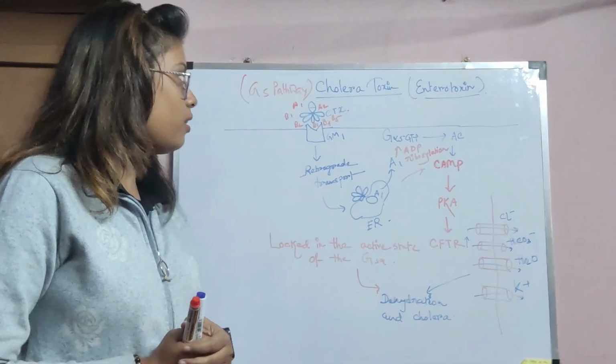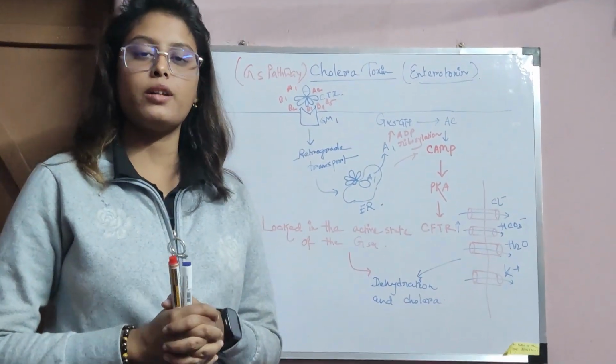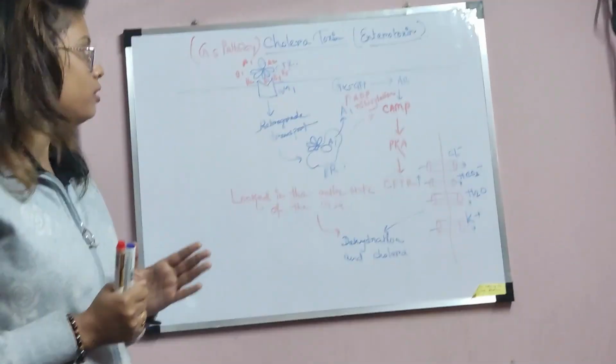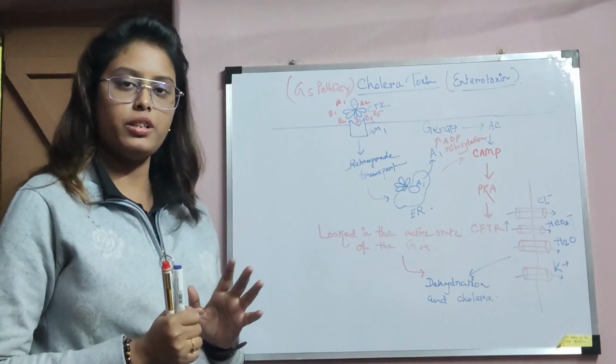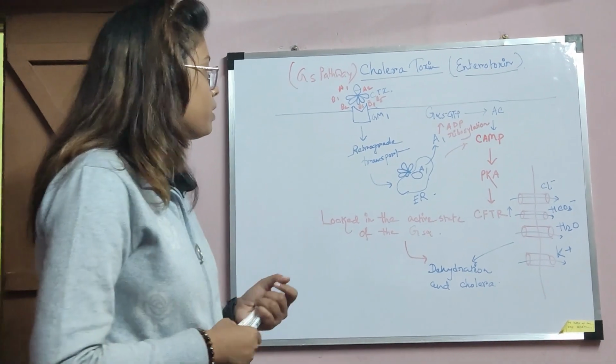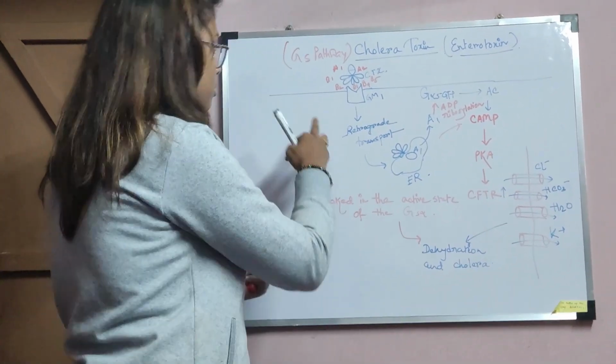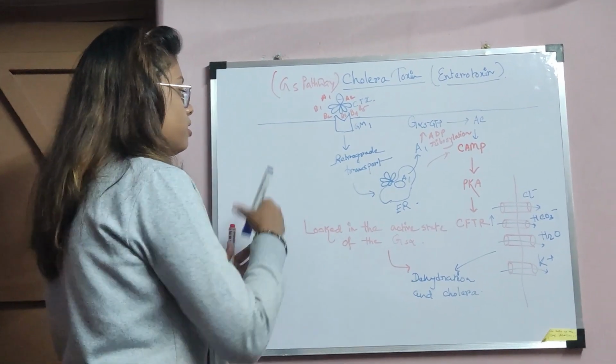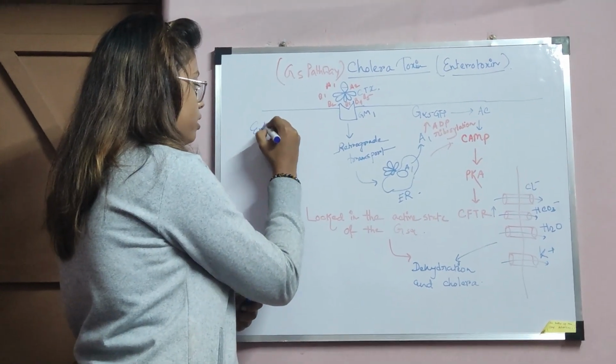So let's see how the cholera toxin acts through the GPCR pathway. Basically it is mediated by the GS pathway, which is known as the cAMP pathway. Let's consider this is the enterocyte, right?